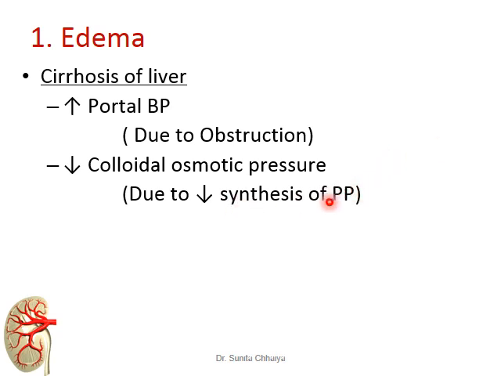The main function of those plasma proteins is to maintain colloidal osmotic pressure. Now if plasma proteins are not available, the colloidal osmotic pressure is reduced, and due to that the fluid from the vascular compartment escapes out and produces an edematous state.